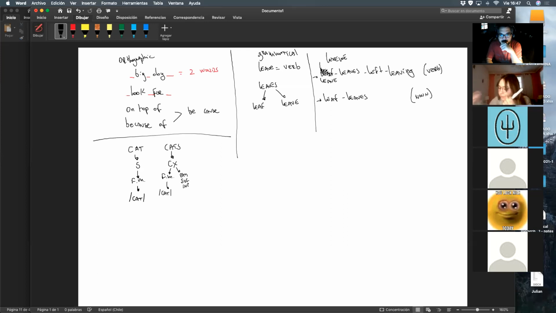Entonces, inflectional, y esa S es un plural, o sea, Z1. ¿Cierto? Entonces, cats is complex because it is constructed out of a free morpheme plus one bound morpheme, suffix, inflectional, Z1.